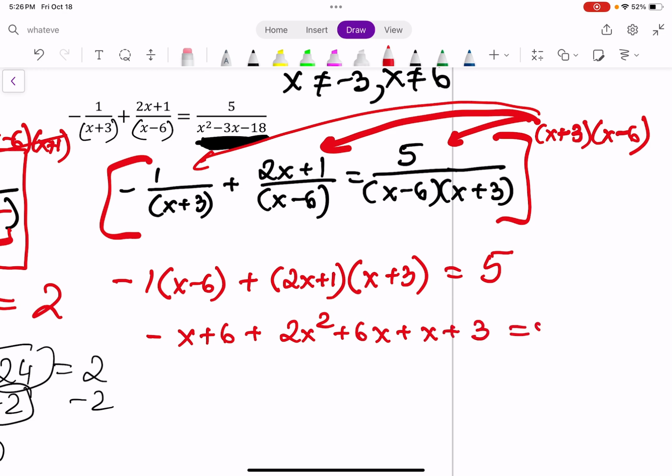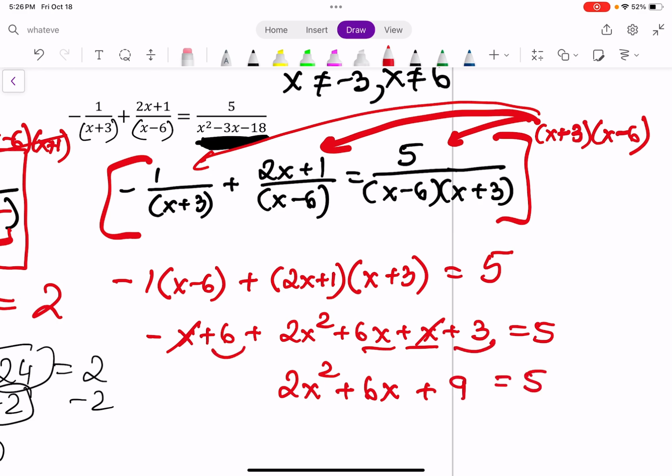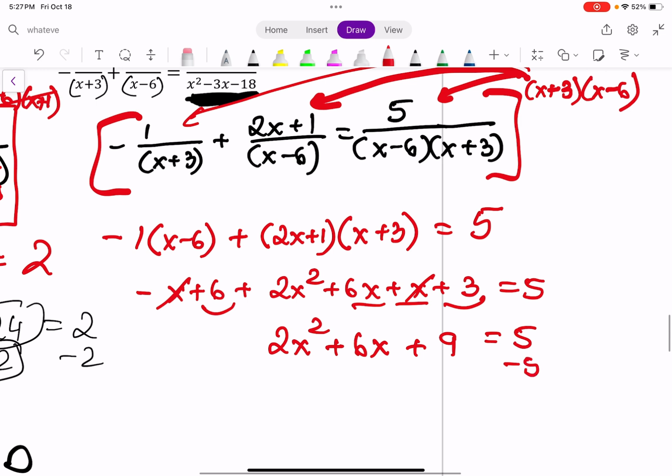So hopefully by now you've done enough problems to where distributing should not be an issue anymore. Multiplying through parentheses, we've done it in pretty much every chapter, really since chapter 1.